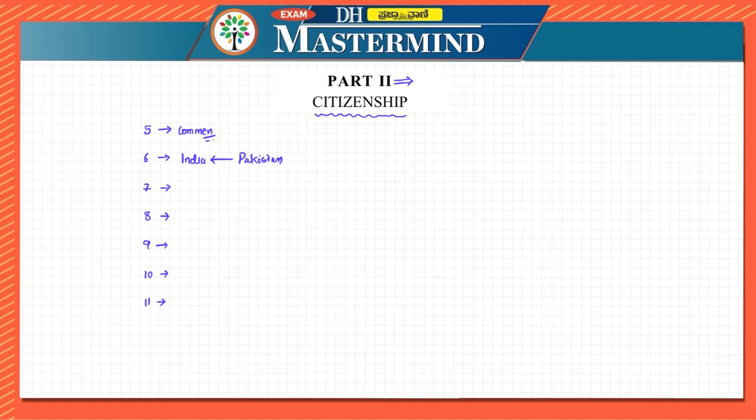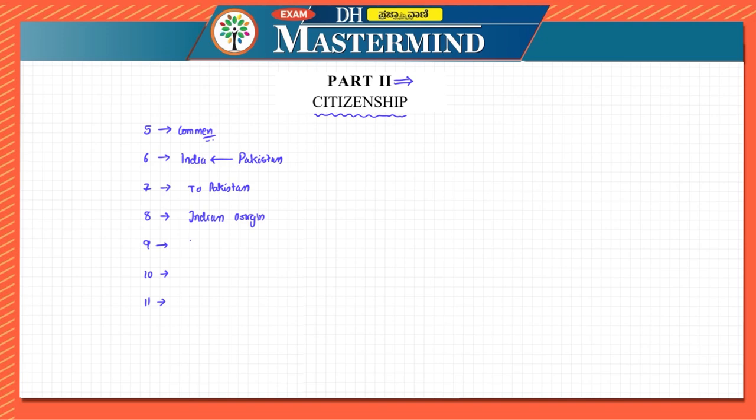Article 7 says about the right of citizenship of certain migrants to Pakistan, who have been to Pakistan, about their citizenship. Then Article 8 says about the right of citizenship of certain persons of Indian origin. Article 9 says about persons voluntarily acquiring citizenship of a foreign state.